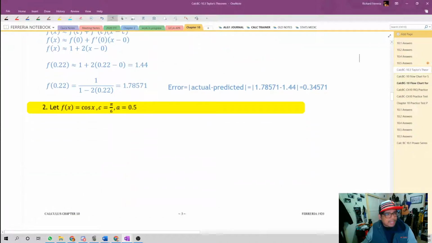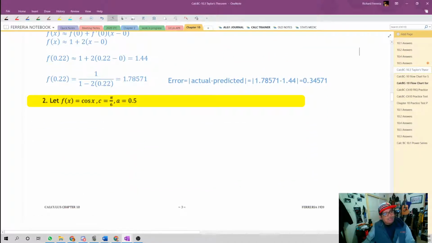Scrolling over to the second problem, we've got f of x equals cosine x, and c equals pi over 6, and a equals 0.5. Now this presents an additional problem because normally I would just use the Maclaurin polynomial, but here they're asking for a center that's not 0, so I have to start all over again. So let's get the first two terms here.